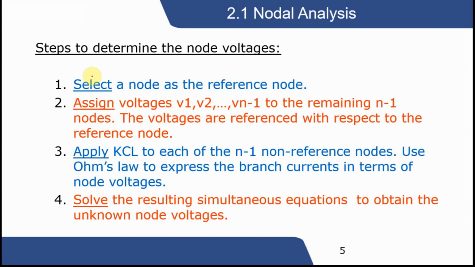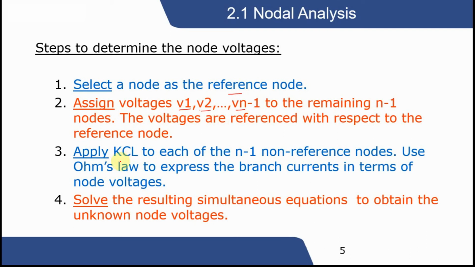Let's see the steps to determine the node voltages. First, we select the reference node. Then we assign the voltages V1, V2, Vn to the n-1 remaining nodes, and the voltages are referred with respect to the reference node.